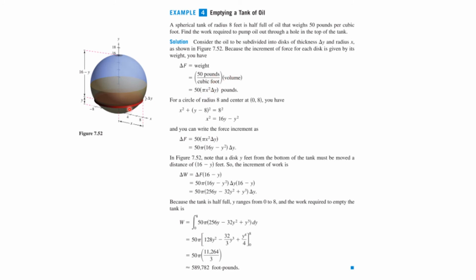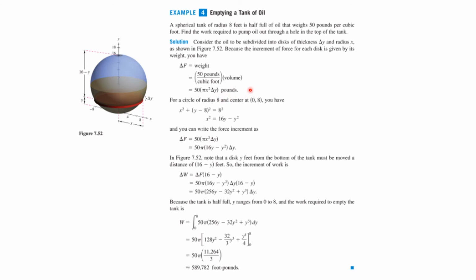Now the volume is going to be the volume of this disc. So delta y is going to be this dimension, but this is going to be a circular disc. So that is going to be pi, and the radius of that is going to be x squared. So you see delta F is equal to 50 pi x squared delta y pounds.